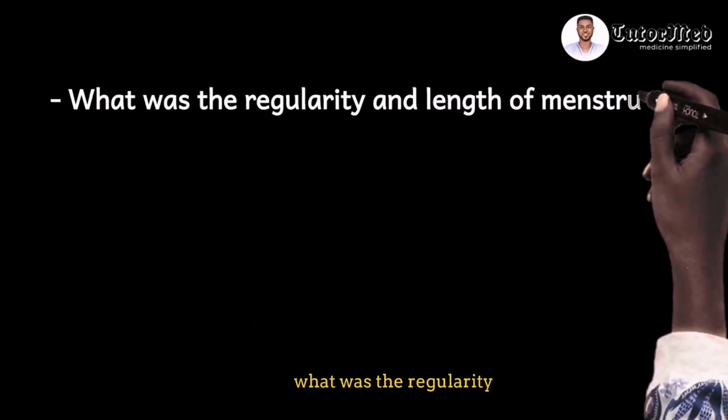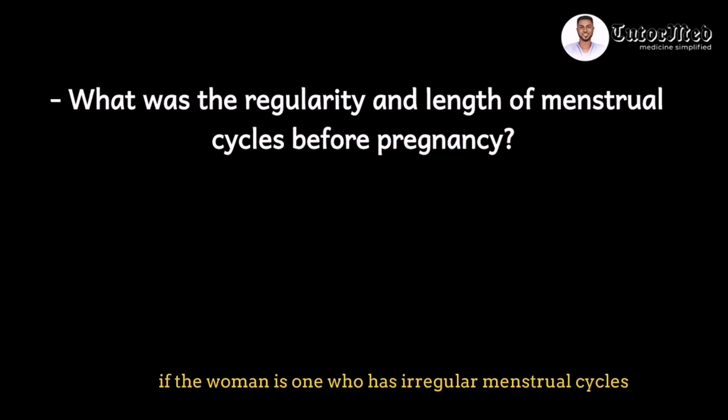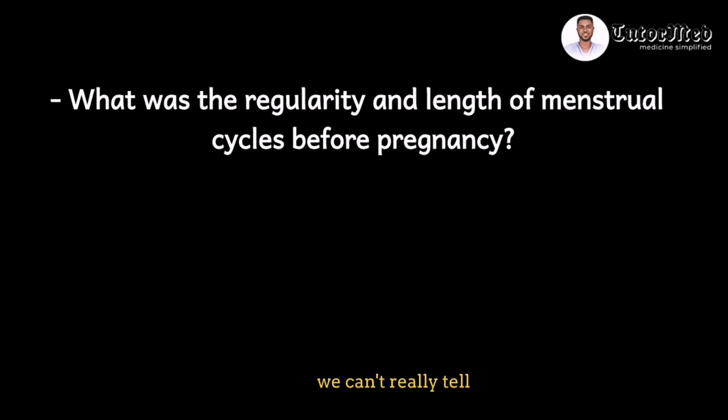Other questions you are interested in include: what was the regularity and length of the menstrual cycles before pregnancy? If the woman is one who has irregular menstrual cycles, we can't really tell when another menstrual cycle is following, then this is not a reliable LMP to use, or else we will date the pregnancy wrongly.